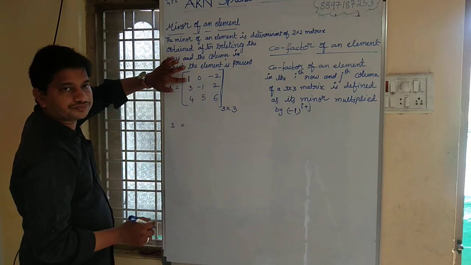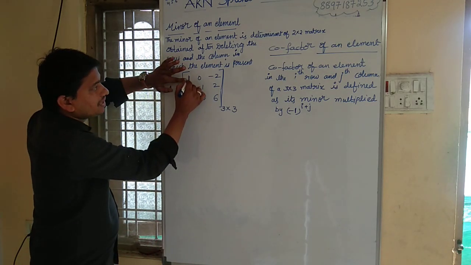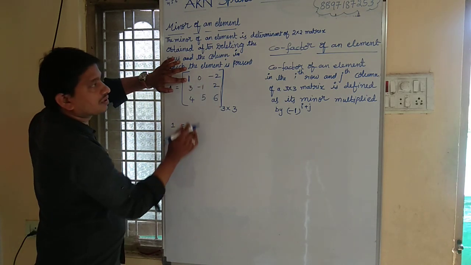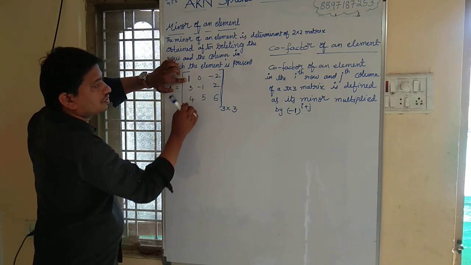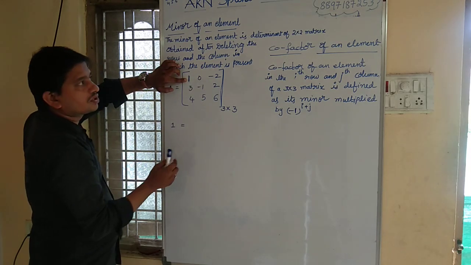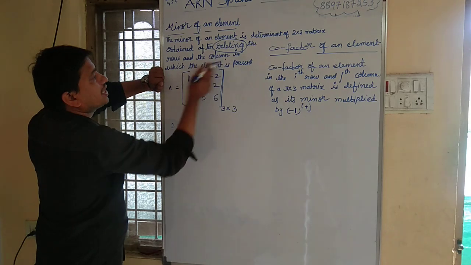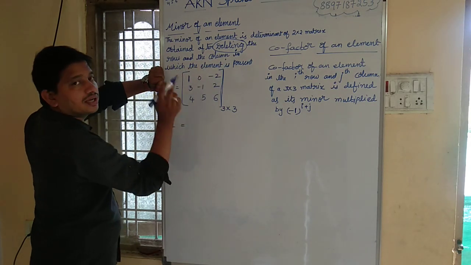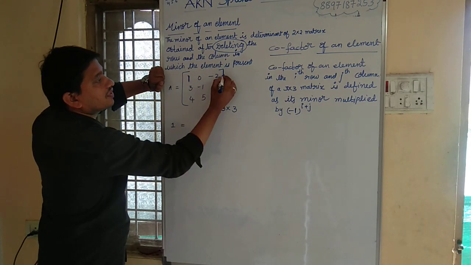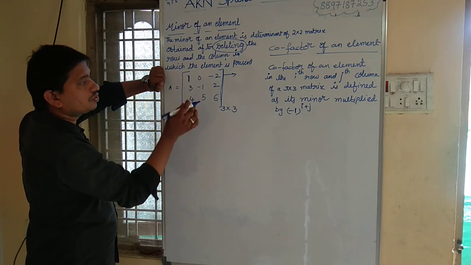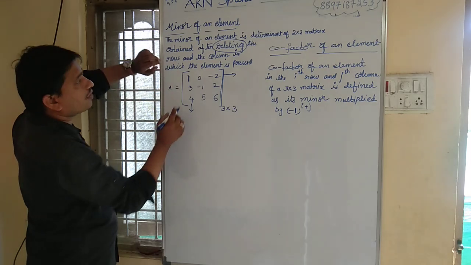Children, see here. The element 1 is present in the first row and first column, so we need to delete that row and that column.